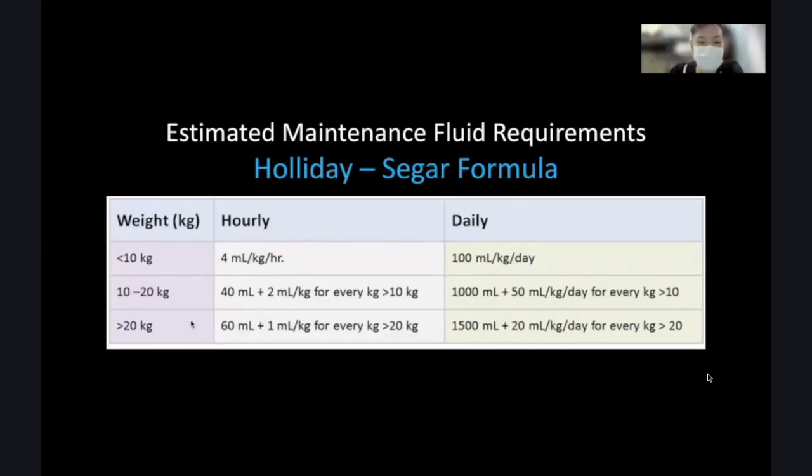For the first 20 kilogram, you compute 20 ml per kilogram per day. Then the next 10 kilogram would be 50 ml per kilogram per day. Then the succeeding would be 4 ml per kilogram per day. Anyway, we're not gonna ask you to compute the total fluid requirement or the maintenance fluid requirement.